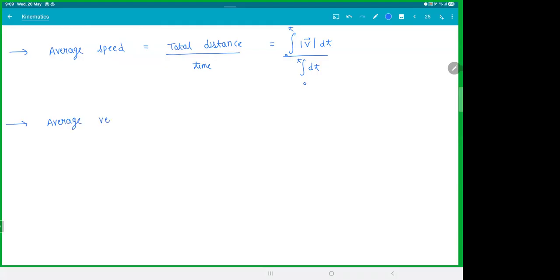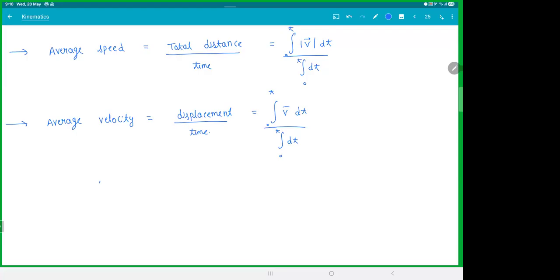What is average velocity? Average velocity is your displacement by time, which is integral v bar dt by integral dt. That is just a mathematical form, but simply we can say like this.